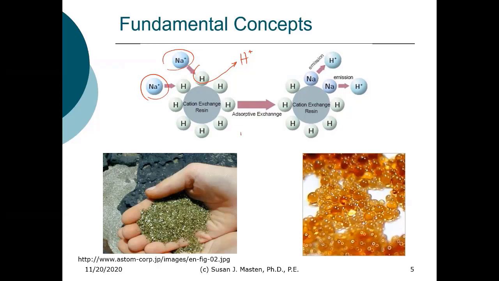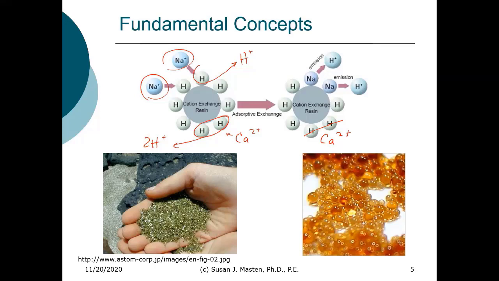If we had calcium 2 plus, what happens is that it will replace 2 protons so that we can maintain charge balance. So we would have a calcium replacing those 2 hydrogens.